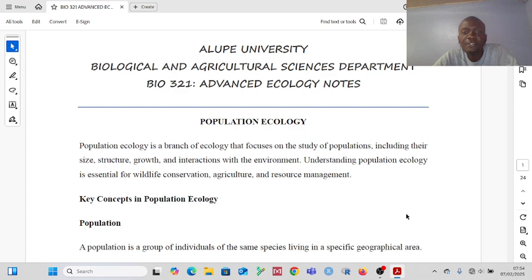So with population ecology, you are looking at the characteristics of a population and how they are changing. For example, the size: how many organisms, how many trees, how many people, how many animals.